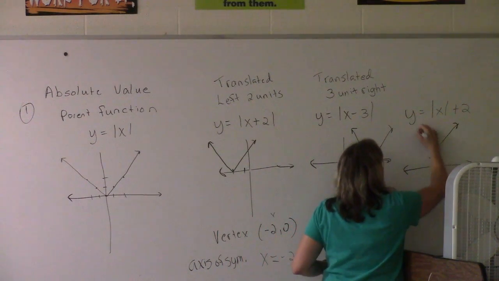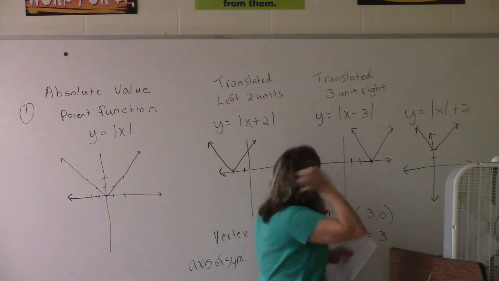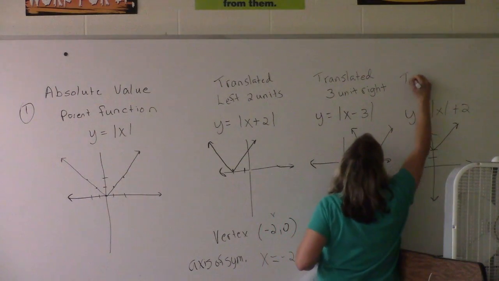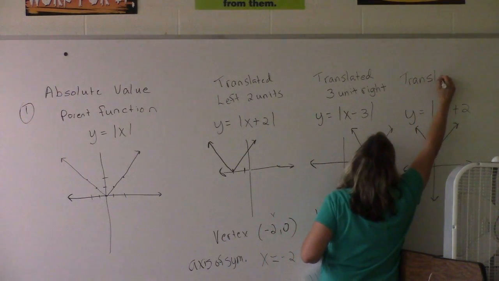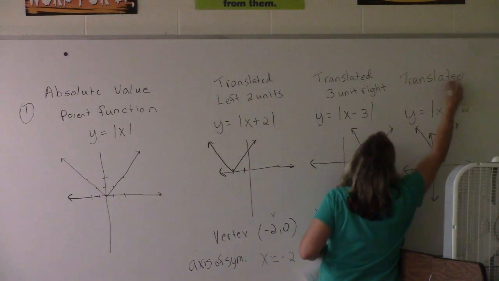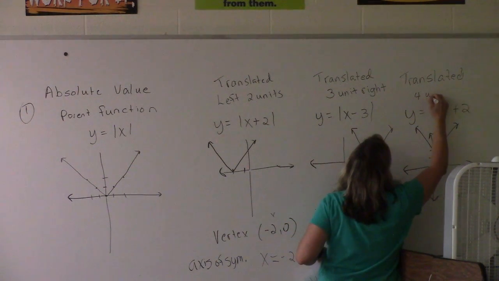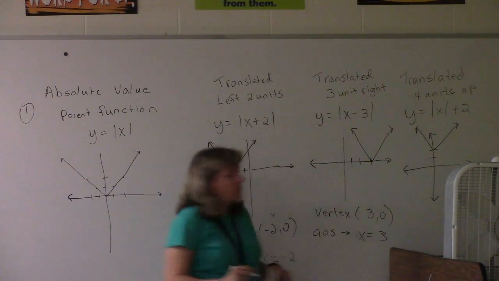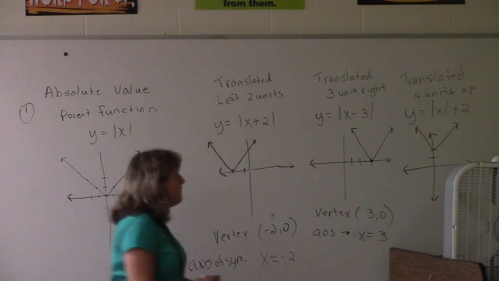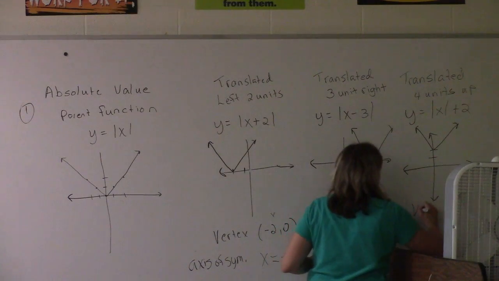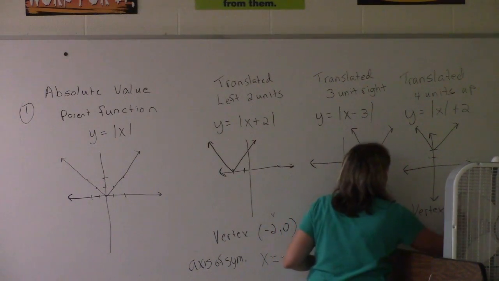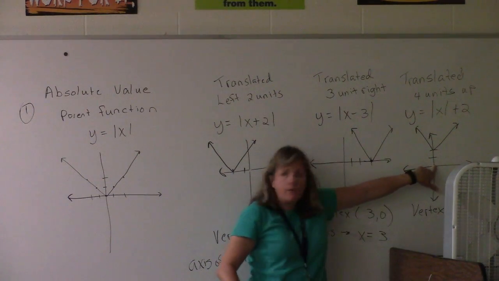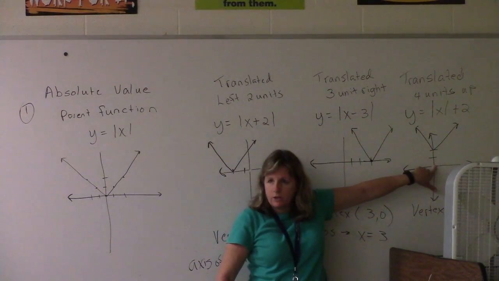So we have this going on. So for number 4, we were translated up 2 units. Okay, sorry, I'm having to write all the way over here. So my vertex is what? Did I go anywhere in the x direction?